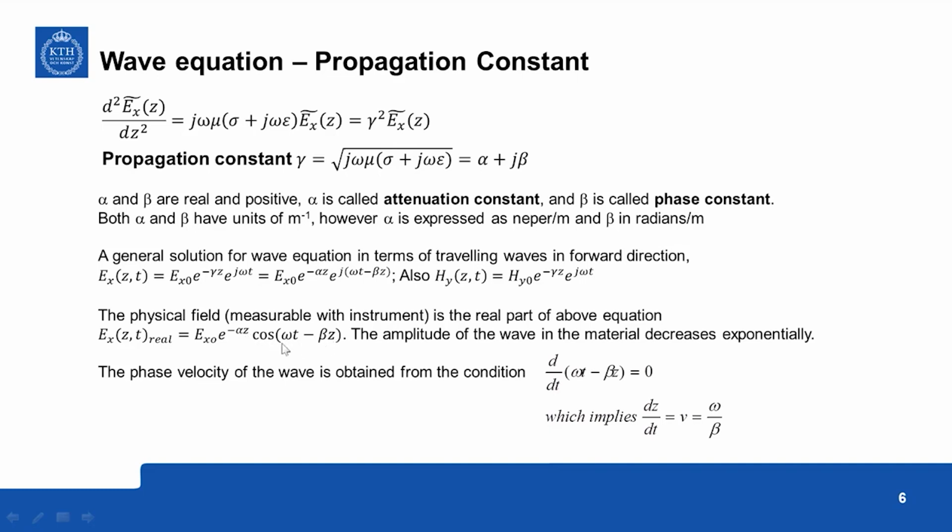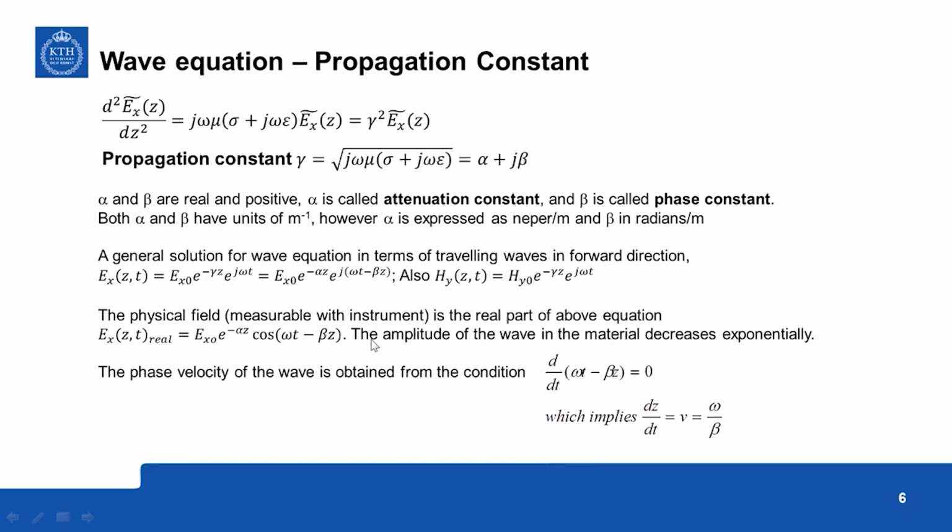So that is the real part of the field. You can see that the amplitude is varying. Not only is there a periodicity in the amplitude, as the wave is going through the medium, it is decreasing exponentially by this factor.